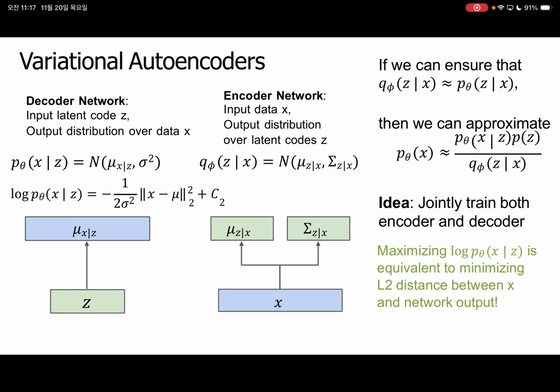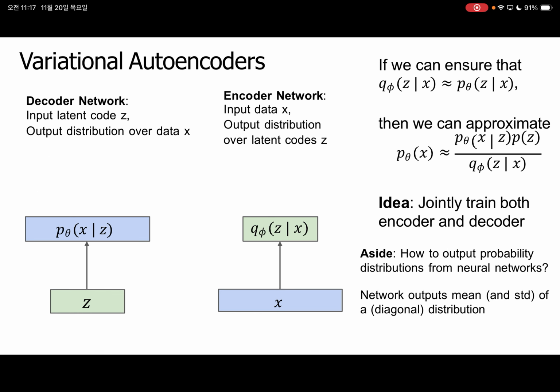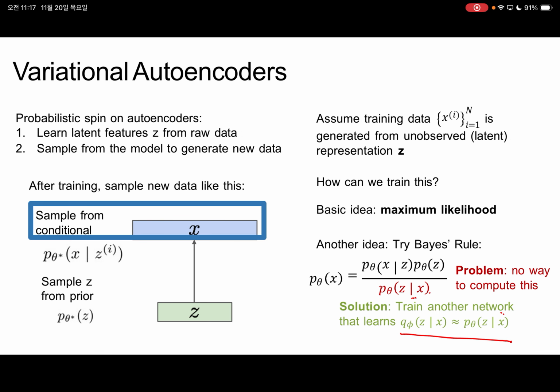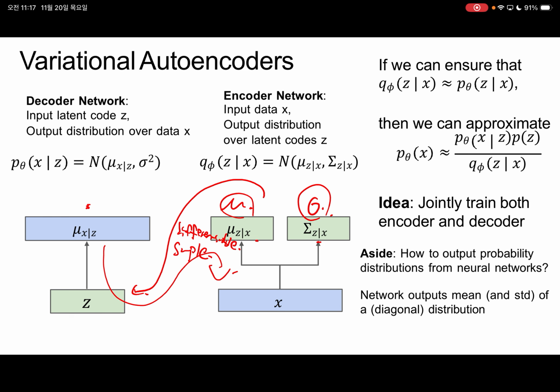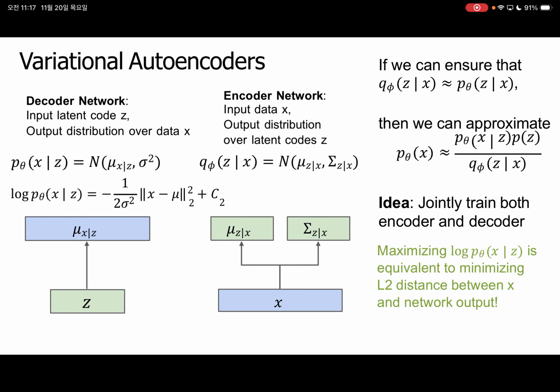And one interesting thing is that at first we try to maximize likelihood, right? We learned maximum likelihood. That is the basic idea for training a variational autoencoder: maximize likelihood from the decoder. But it turns out that, in Gaussian distribution, we are interested in the logarithm of the Gaussian distribution.